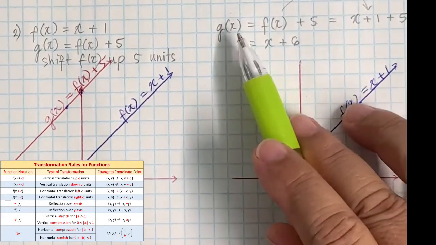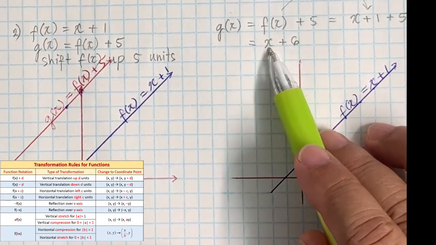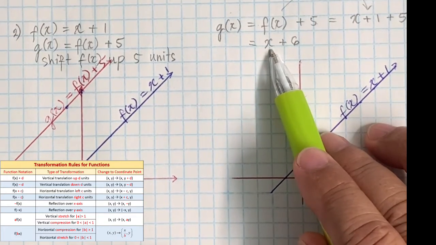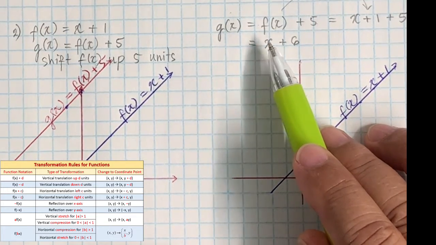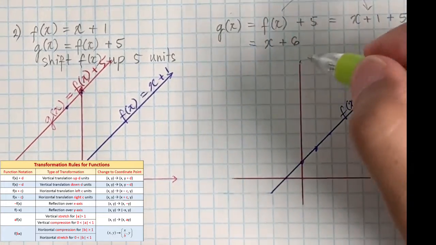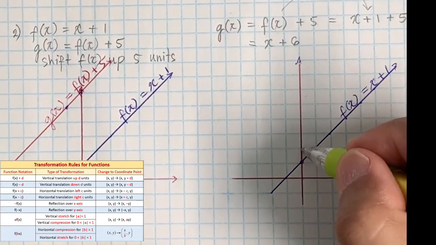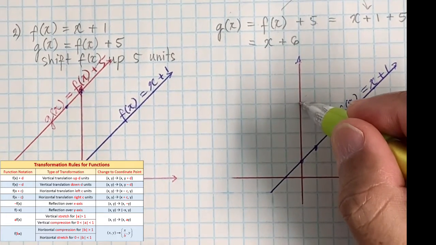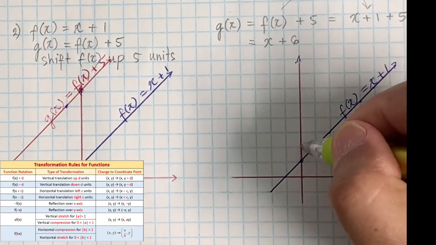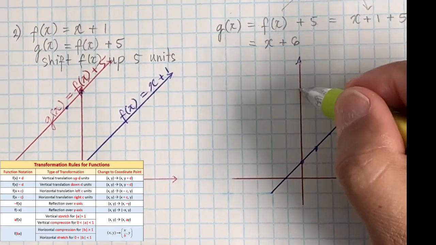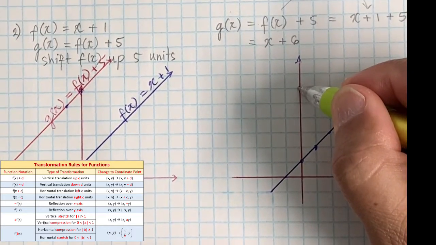Okay, so my g of x, when x is 0, 0 plus 6 will be 6. So 1, 2, 3, 4, 5, 6.